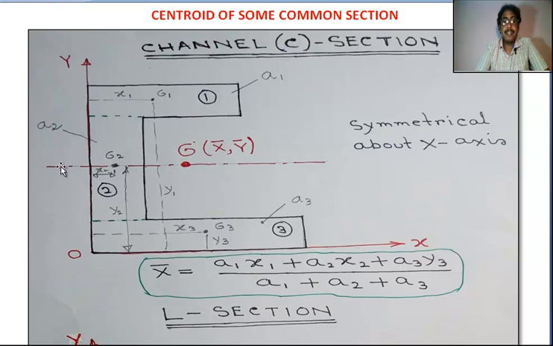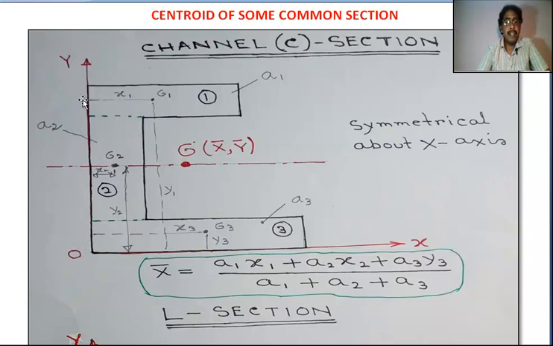So this is symmetrical about x-axis, as this line divided the C section into two parts, and this is parallel to x-axis. So channel section is symmetrical about x-axis.